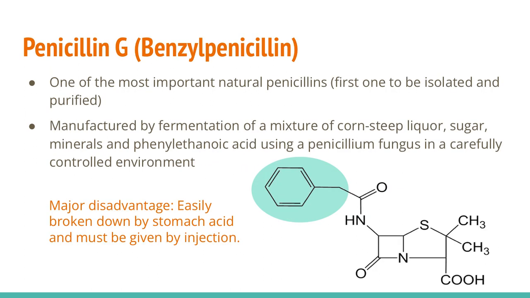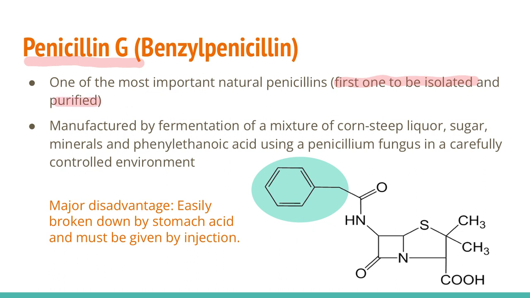All right, so let's move on, and we're going to talk about penicillin G specifically, or benzyl penicillin. It's one of the most important natural penicillins because it was the first one to be isolated and purified.